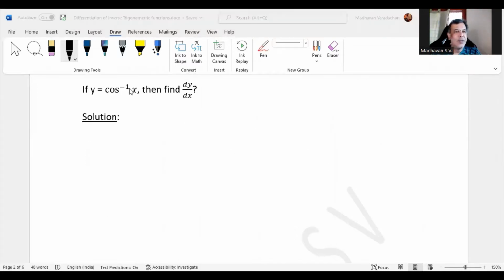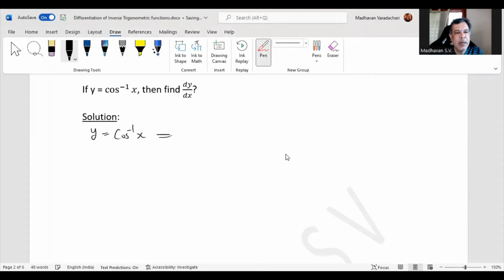Now it is given as y is equal to cos inverse of x. We have to find out what is dy by dx. Again, let us rewrite y equal to cos inverse of x, and that means cos y is equal to x.